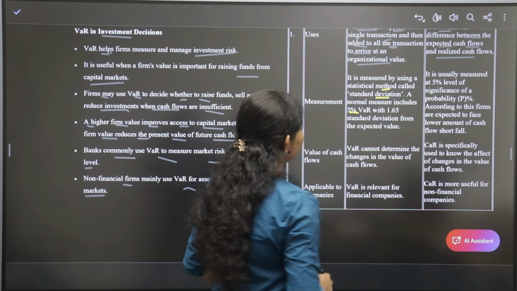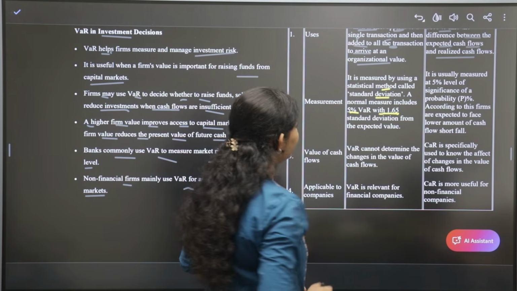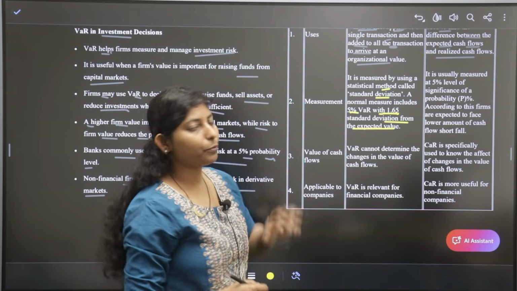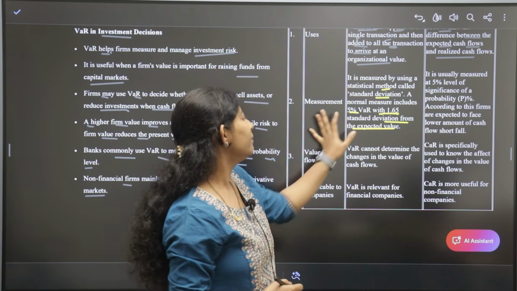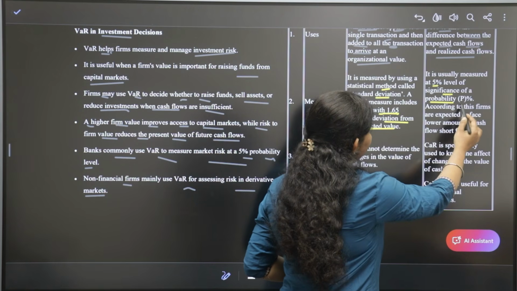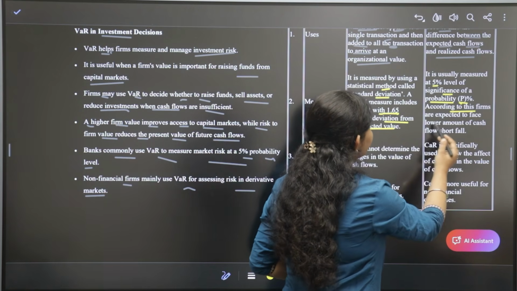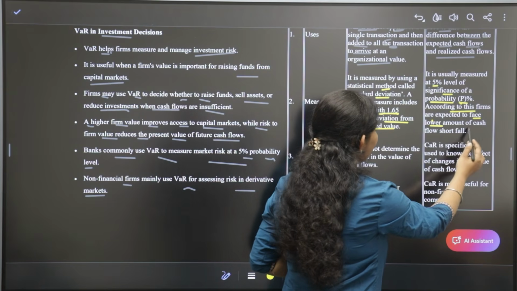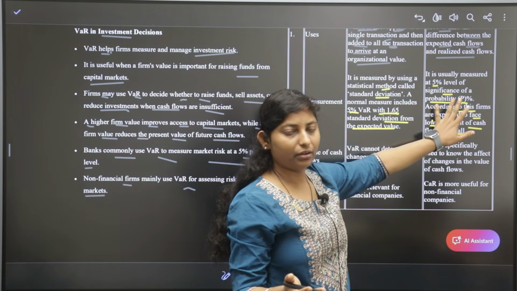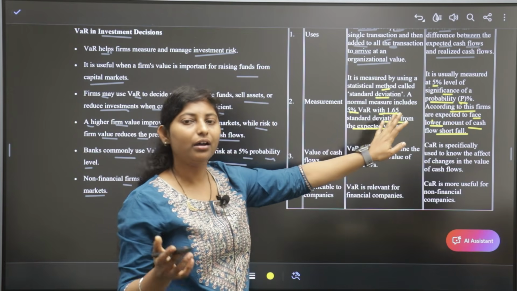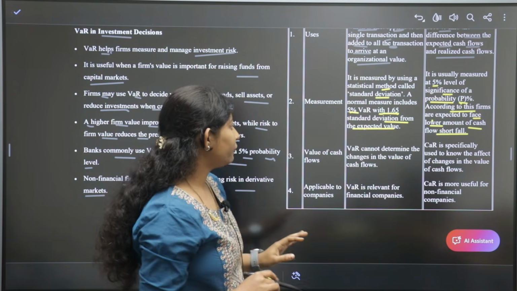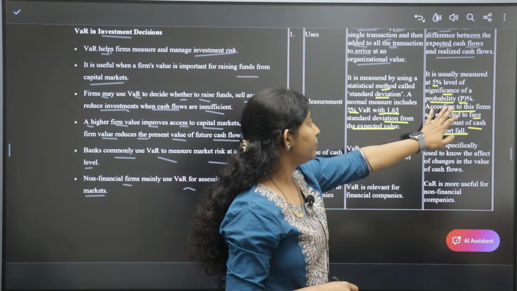We think of 5%. With the statistical number of 1.65 standard deviations from the expected value, a 5% probability of losses is taken in the measurement of VaR. Here the 5% significance of probability is indicated as P. According to this, firms are expected to face a lower amount of cash flow shortfall. 95% will benefit here, and 5% will be said to be the risk or chance of having losses.